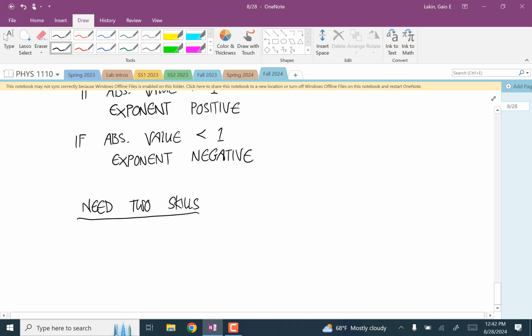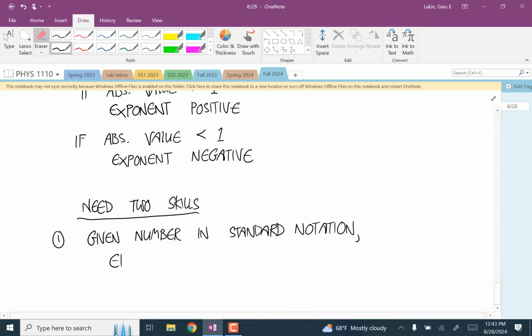Okay, so the first one is given a number in standard notation, express it in scientific notation.